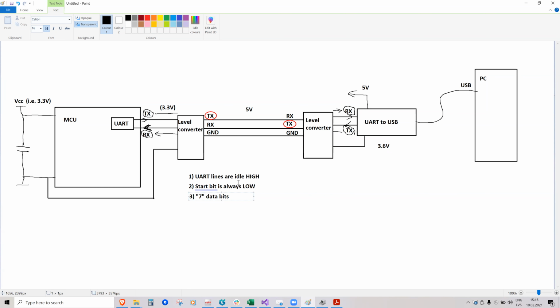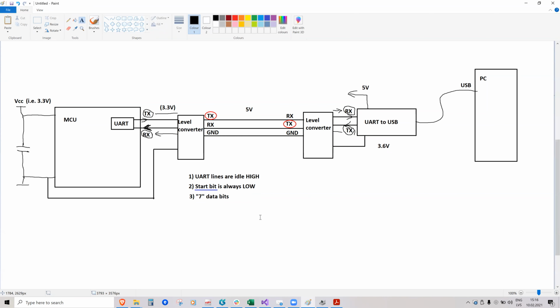So I will write 7 data bits right now because the first communication really used just 7 data bits. You are used to normally have 8 data bits, right? 1 byte is 8 bits.